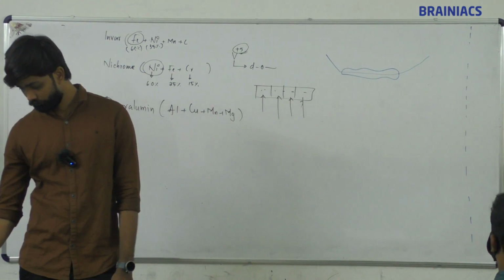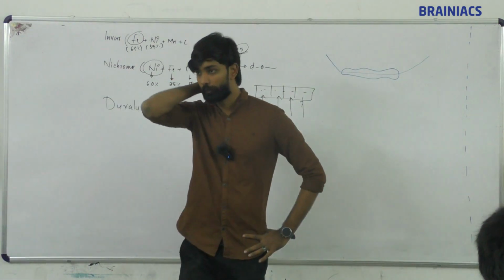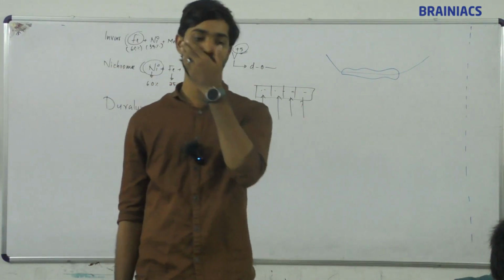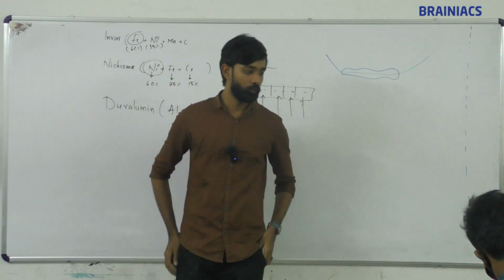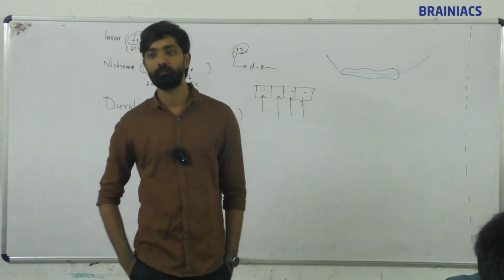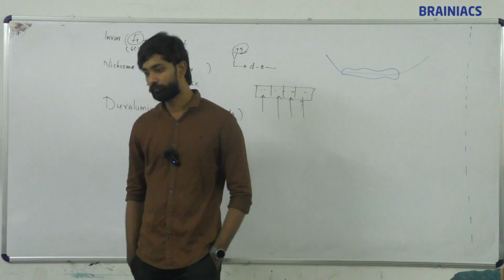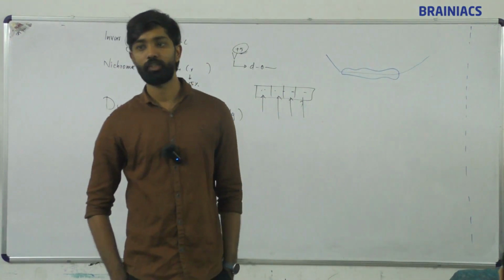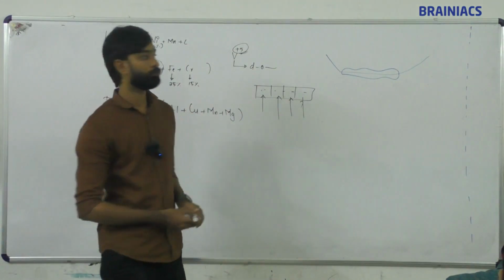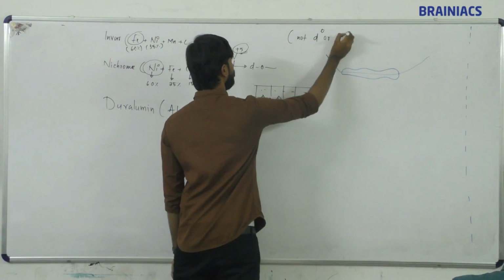The next: colored property. First point, for a transition metal to be colored, it should have a partially filled d orbital, in bracket, not d0 or d10.